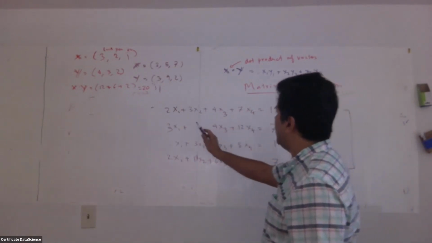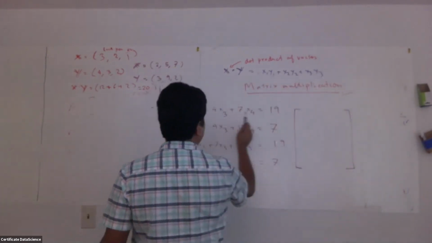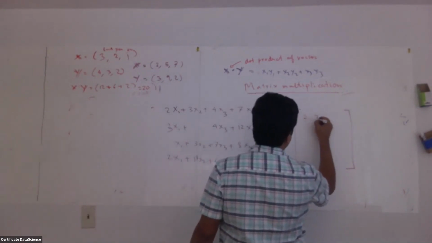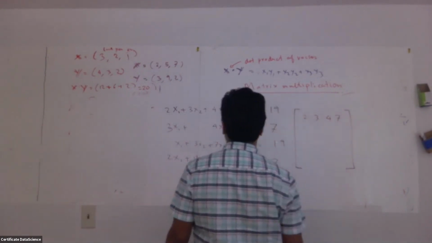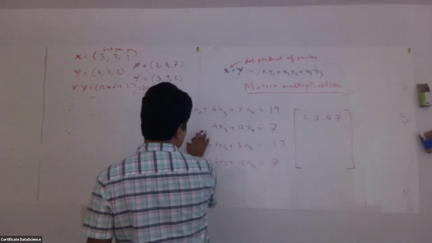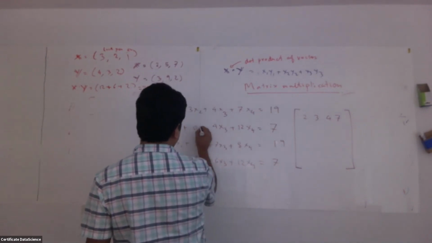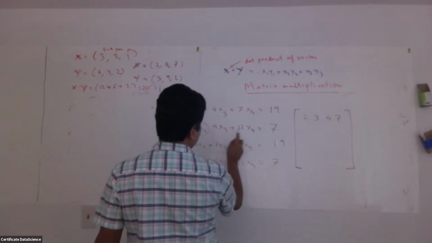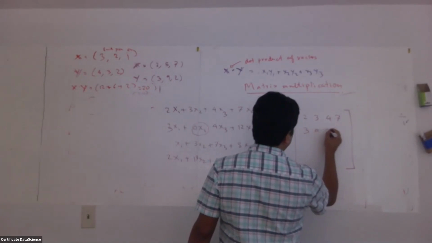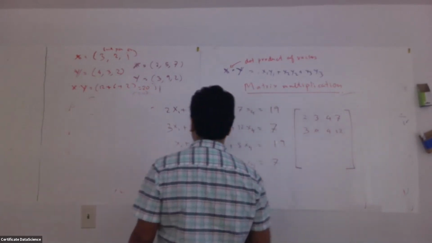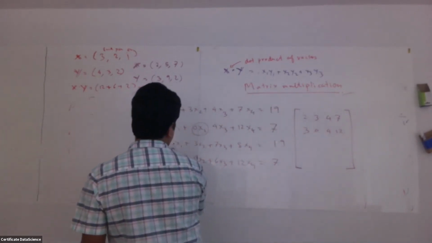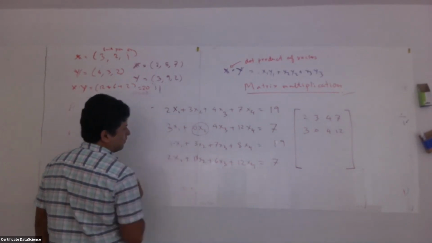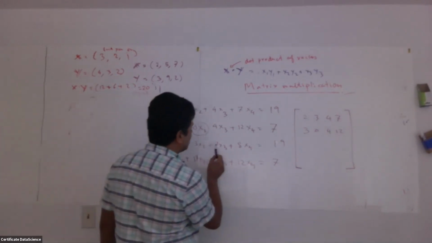So what I do, I look at the coefficients 2, 3, 4, 7. Then 3, 0, 4, 12, because there is nothing, take it as 0. It's like thinking 0 times x2. That's why I didn't write it. Then here, think it has a 1 multiplying: 1, 3, 7, 8.